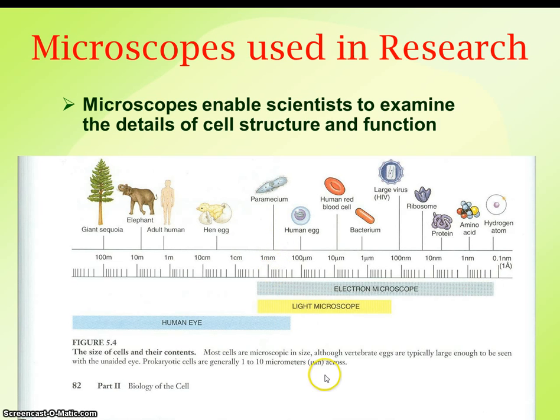So we have to use some type of device, a microscope, to see these single-celled organisms, whether it be parameciums or other protists or bacteria, even smaller than bacteria, getting into viruses, what different viruses look like, down even smaller into protein structure, or down even smaller to atom structure. So we can use the different types of microscopes to see the different sizes of this stuff that we normally wouldn't be able to see otherwise.